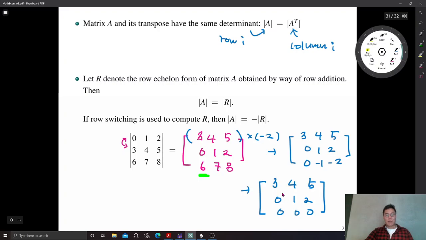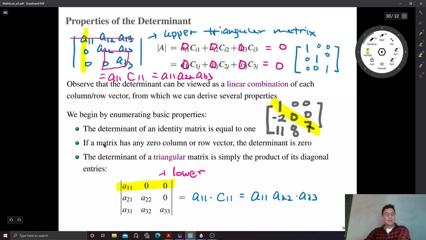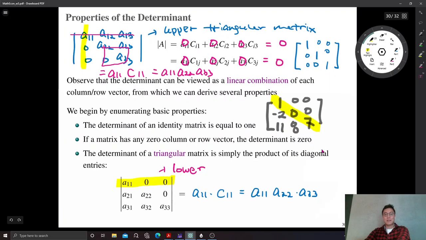Cool. And think about the determinant of this row echelon form, because the last row is going to be out. It turns out that the row echelon form has a zero row vector. The last row is just a zero vector, 3 zeros. So by the second property of determinants, if a matrix has a zero column or row vector, the determinant is 0. We don't have to do Laplace expansion.